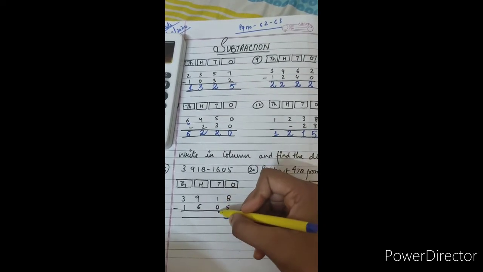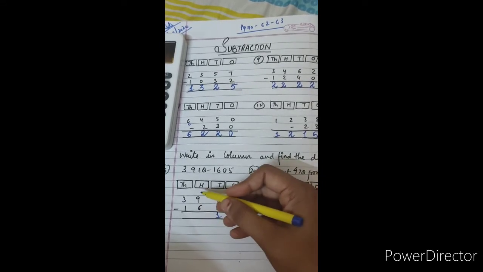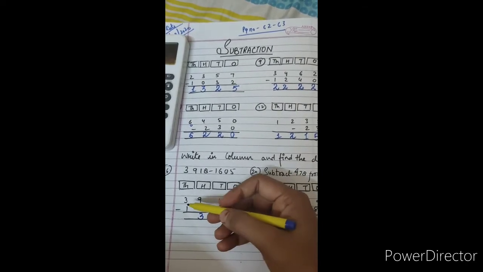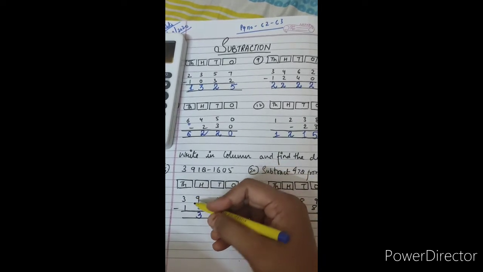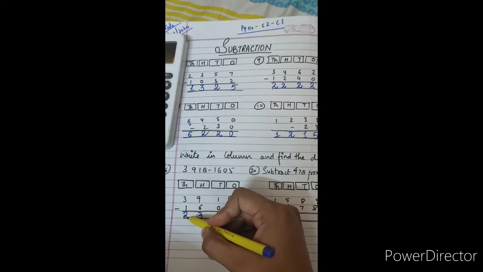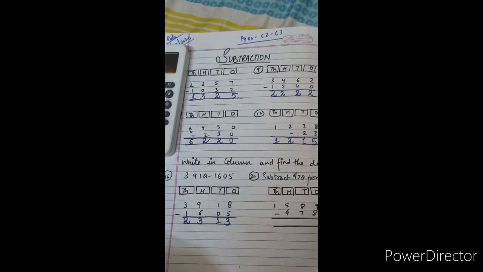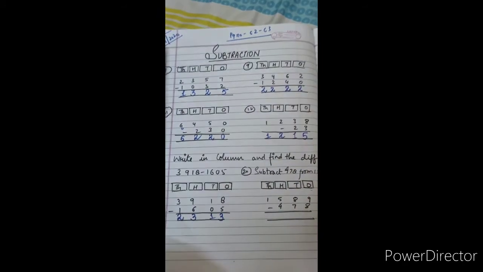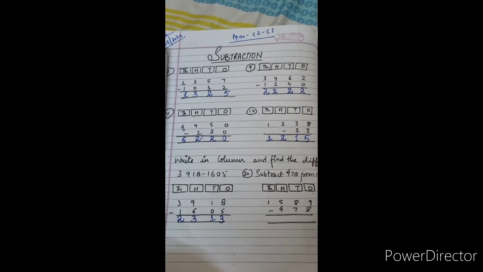So 1 minus 0 is 1. And we want to subtract 6 from 9. 9 minus 6 is 3. Now we want to subtract 1 from 3. So 3 minus 1 is 2. The answer is 2313. Right? And next, the last question, number 20.